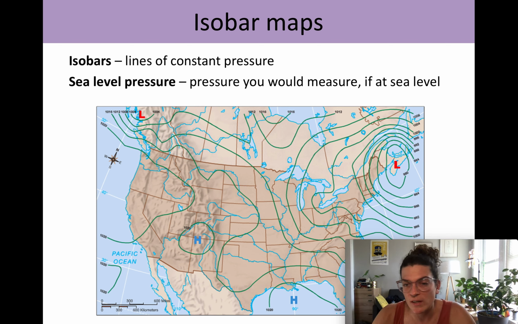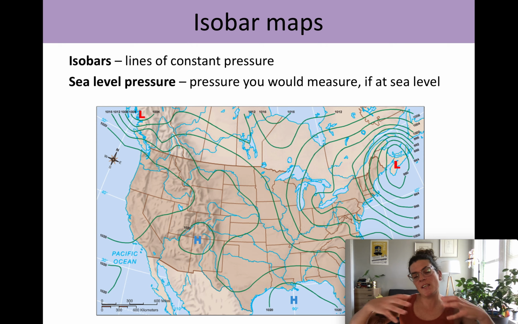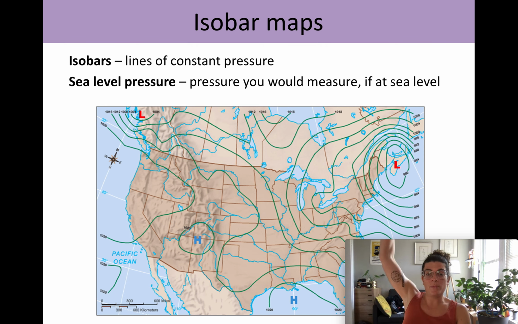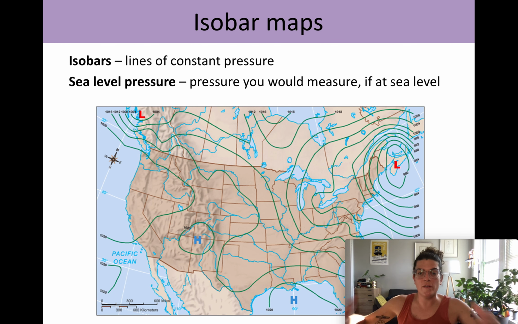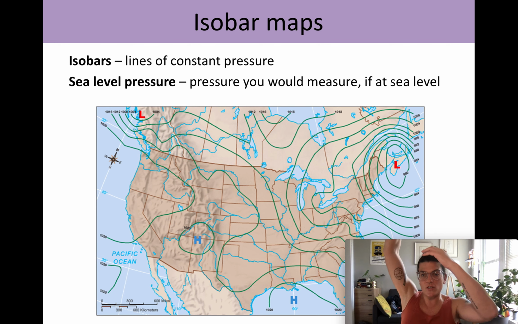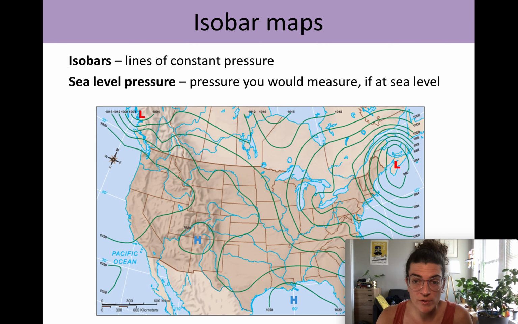There's so much air pushing down on top of you. In a low pressure area, the air is actually moving up because there's so little air above you. The air from the sides is trying to fill the space to add more air to that column. And so the air is generally moving in an upward direction.